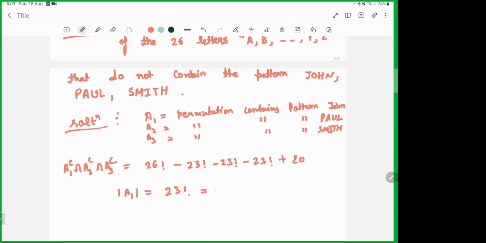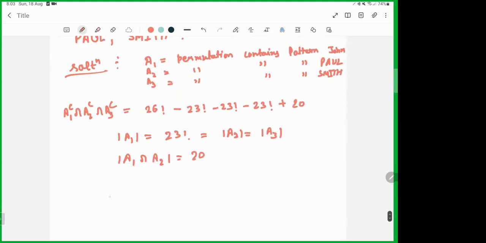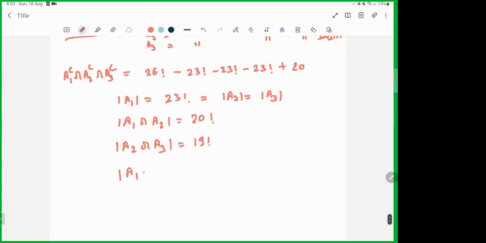So the cardinality of A1 intersection A2 is 20 factorial. The cardinality of A2 intersection A3 is how much? 5 words, 4 words, so 7, we need to remove 17. So 19 factorial.